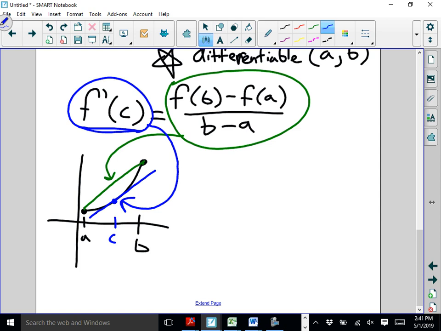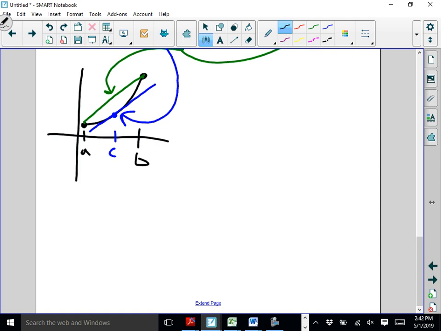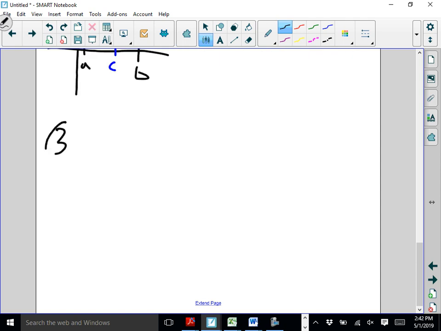All right, and the last one is the extreme value theorem. Okay, so for the extreme value theorem, f must be continuous.